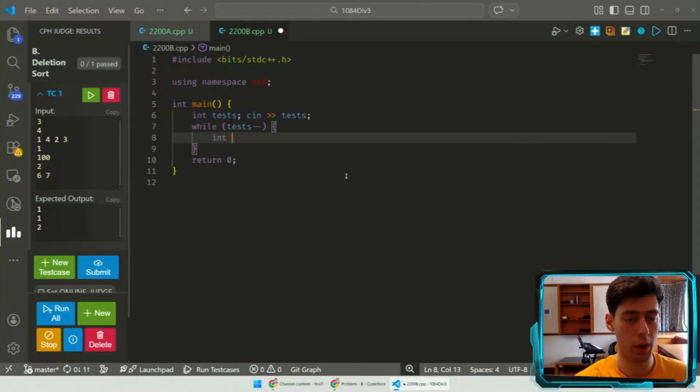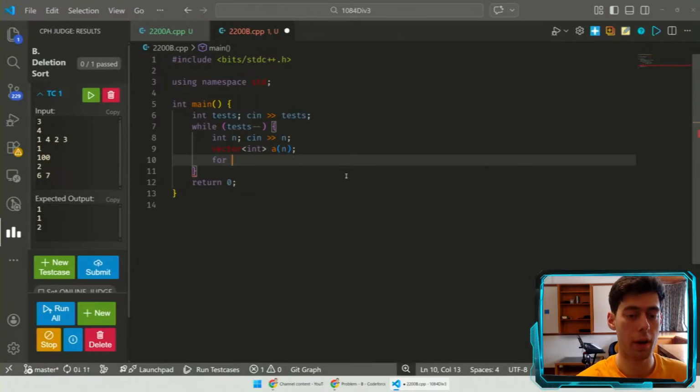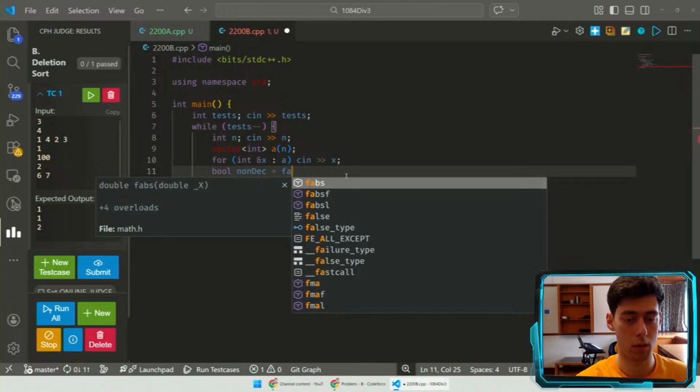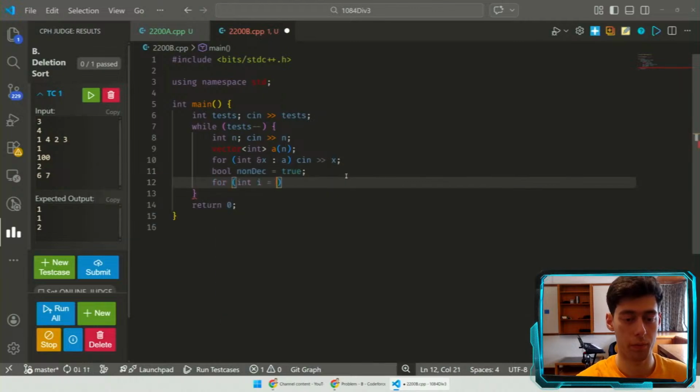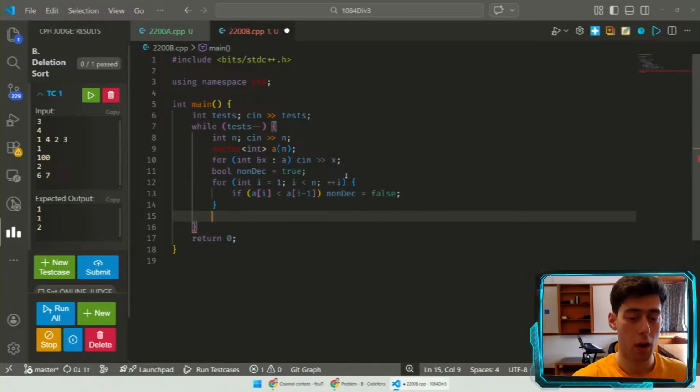So basically, we have an array. And if it's non-decreasing, obviously we can't remove anything because that's when the game ends.